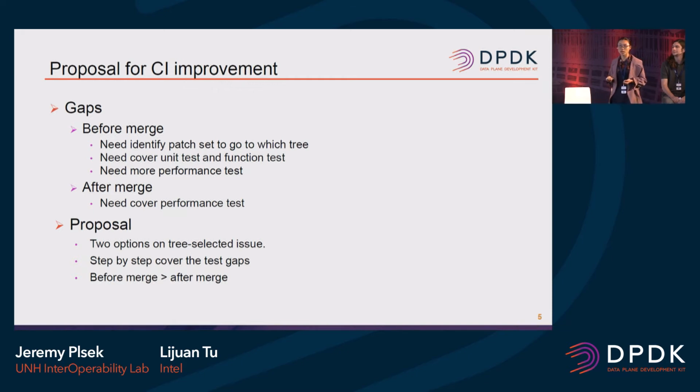For the 8 subtrees, a patch should go to the master tree, the virtio tree, or maybe the next-net tree. This is the question that I want to talk about today, and I will bring up my answers to it. I will talk about 2 options for these issues.